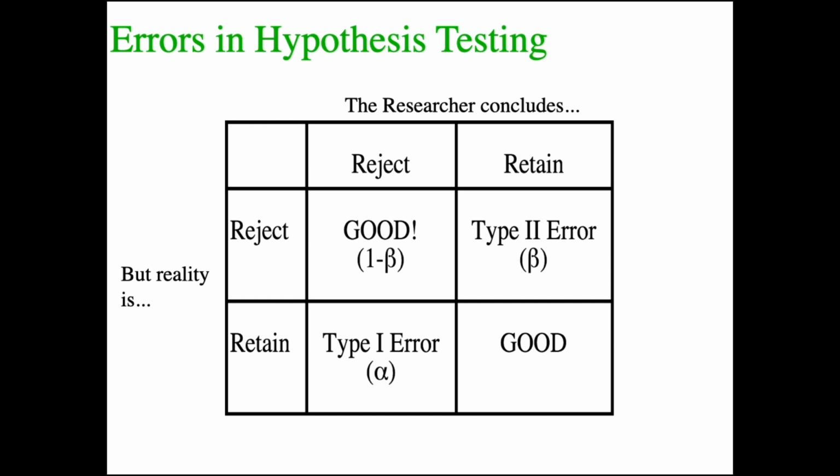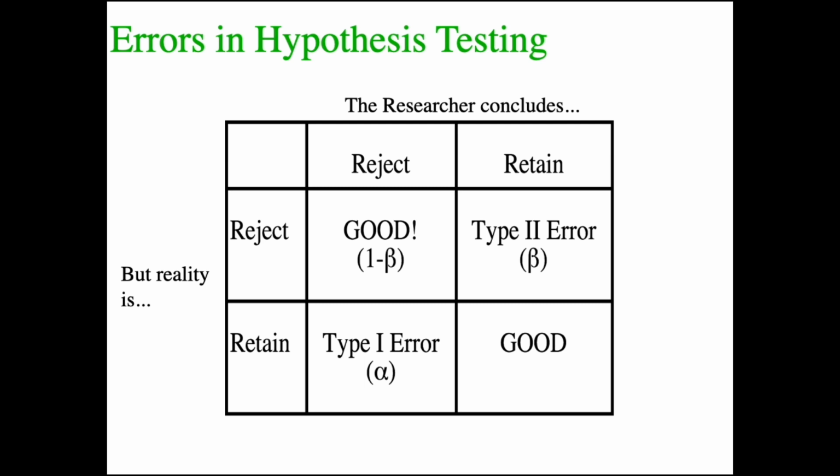But the other two corners of this table, the upper right one called type 2 error and the lower left called type 1 error, are errors we can make in our decision making. Let's take the type 1 error first. Here the researcher concludes, reject H0. Let's say we have a significant effect. Yet the reality is there really wasn't anything significant. Nothing was truly happening with that population.